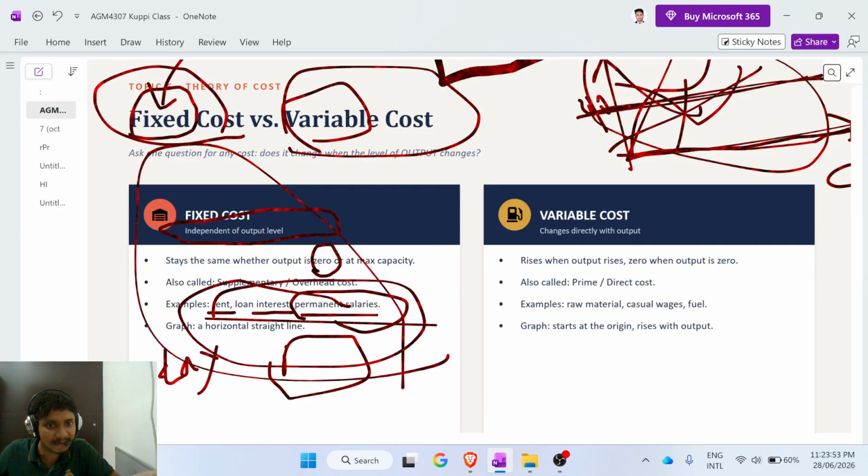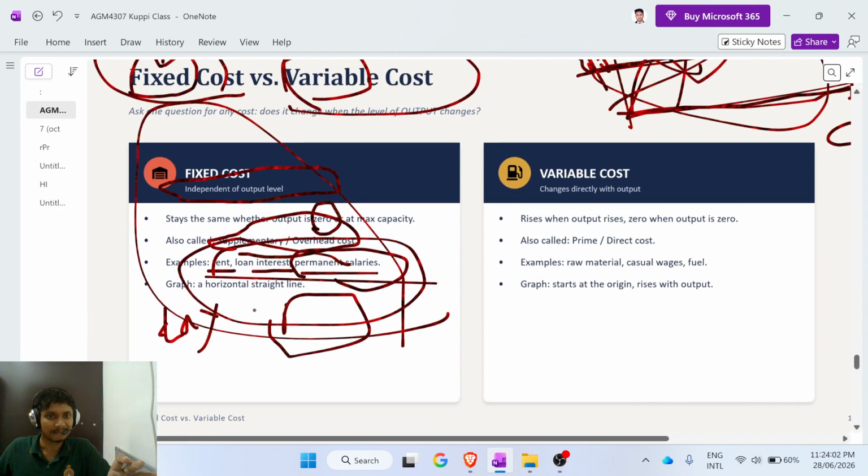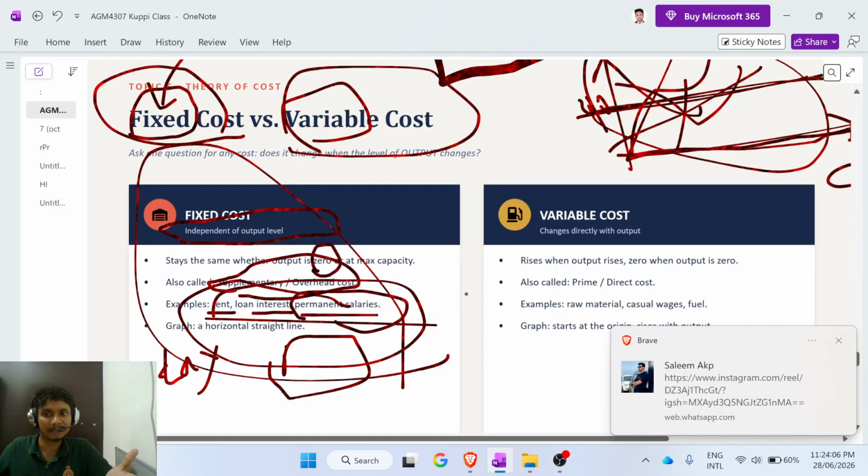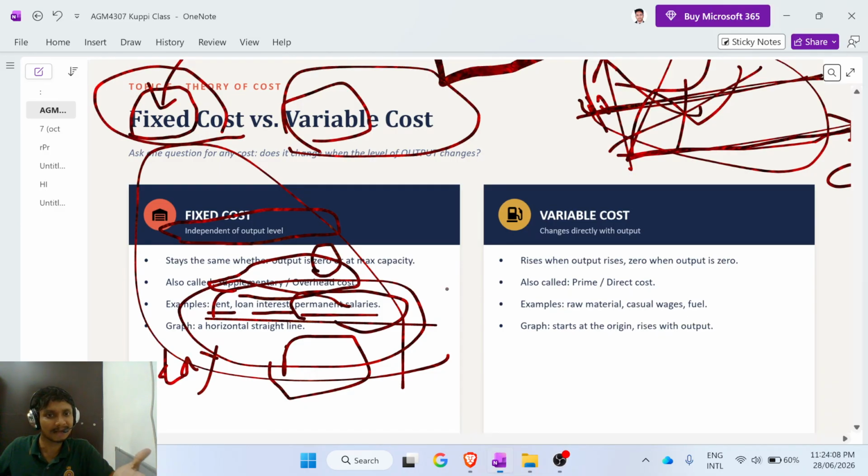This fixed cost is called supplementary cost or overhead cost, because my purpose is preparing roti, making food and selling.